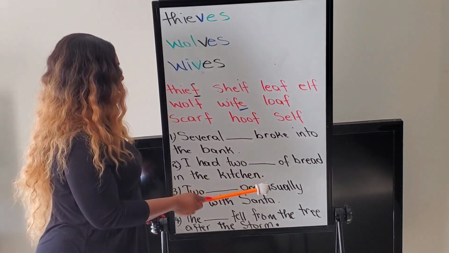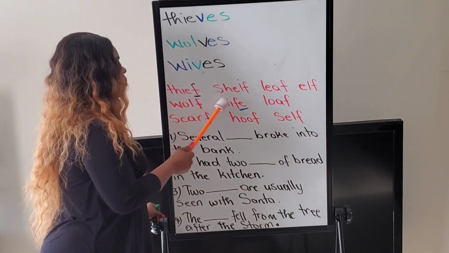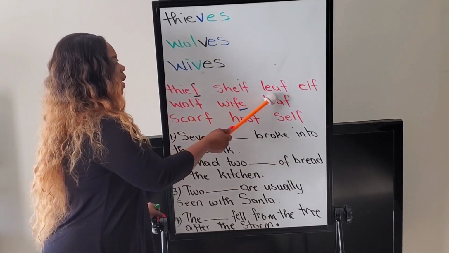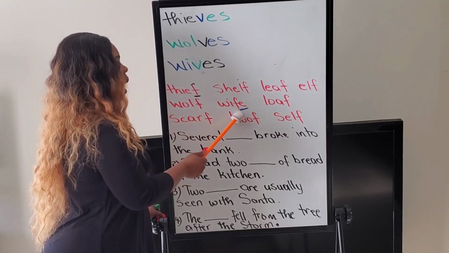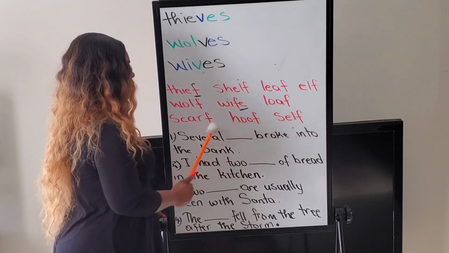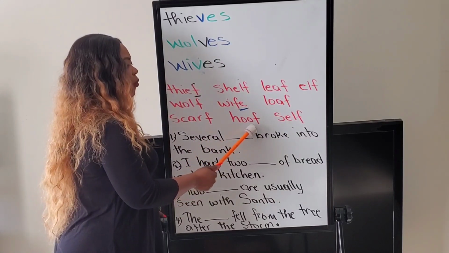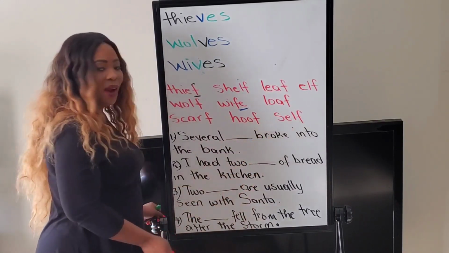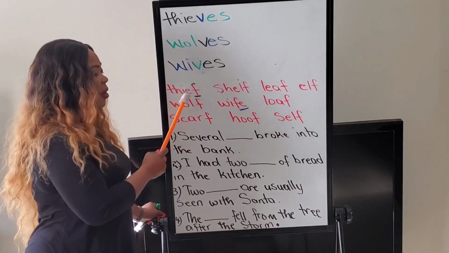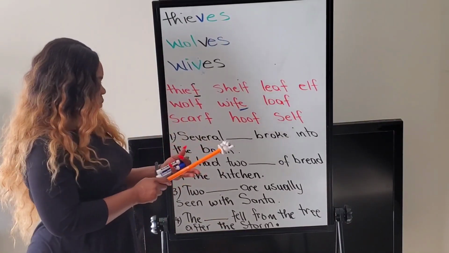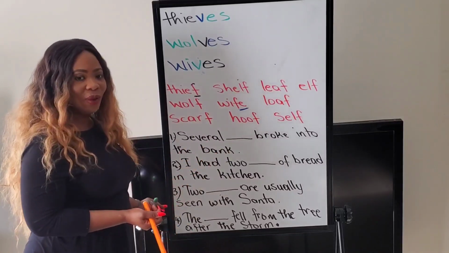All right, so I'll go again. Thief, shelf, leaf, elf, wolf, wife, loaf, scarf, hoof, self, right? Good. So you will pluralize those for me. I did 3 for you already. So I did 3, you will do the rest.